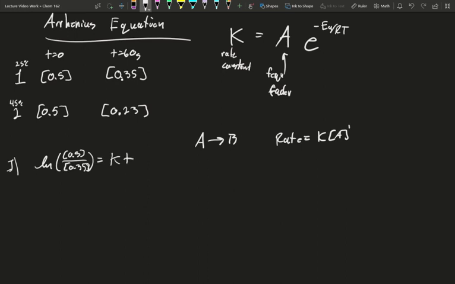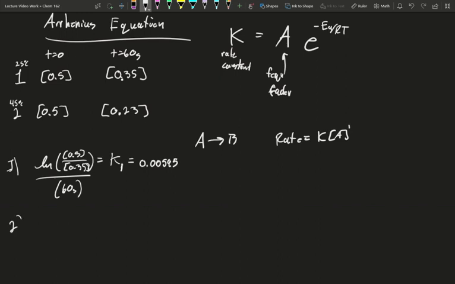Natural log of your starting concentration divided by your concentration at time t is equal to K times the time. Well, we know that our time was 60 seconds. So I can take the natural log of those values, divide by 60. What we'll find is that K1, K at 25 degrees Celsius, is going to come out at 0.00595.